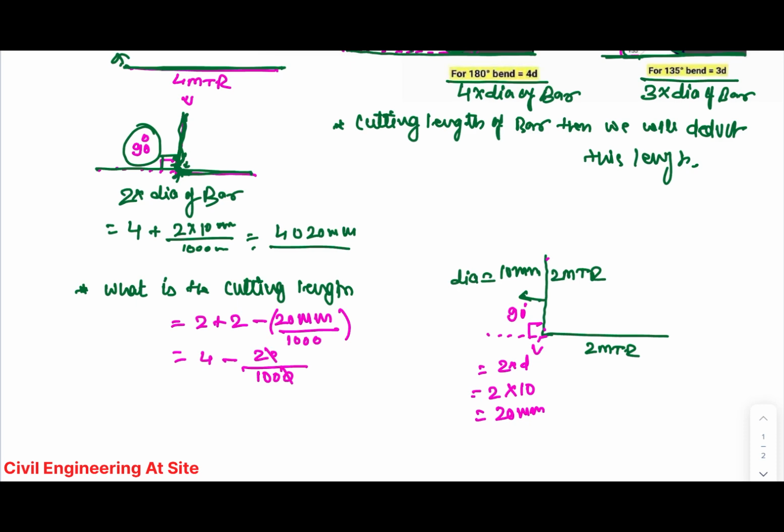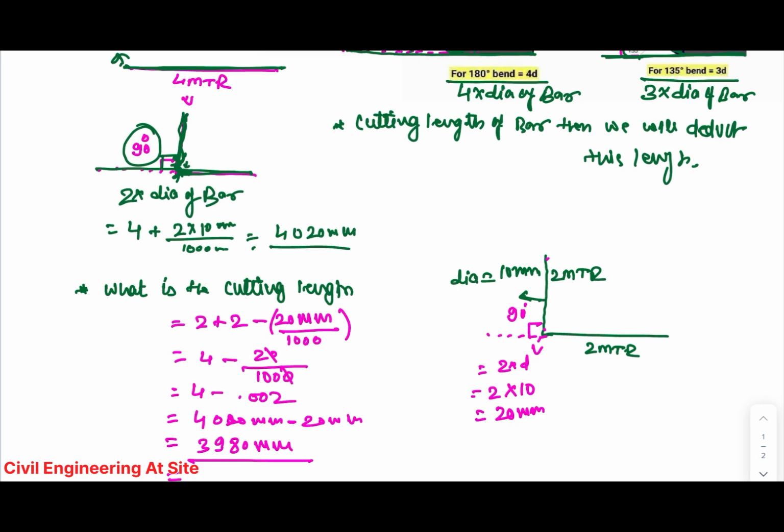So this becomes 4000 mm minus 20 mm, which is 3980 mm.